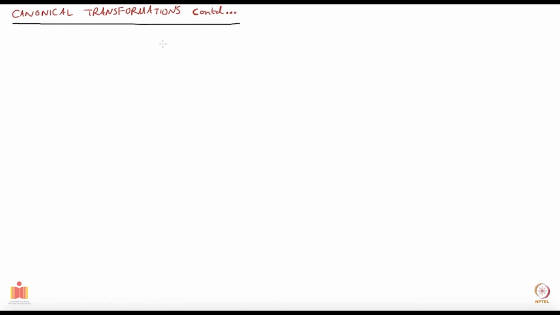Let me write here: df equals p dq minus capital P dQ, and then we had h prime minus h dt. Okay, I'm going to use this one again and again.